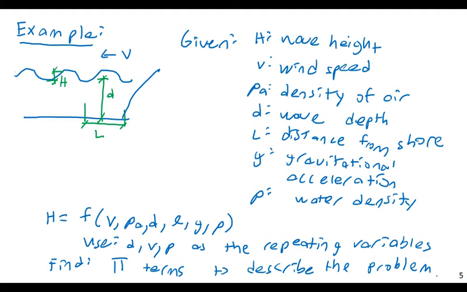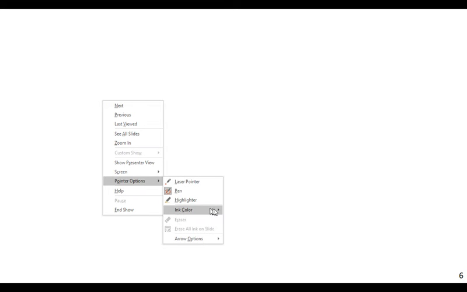It would be much better to use an algebraic method if we can. So this is going to take a bit of time, that's okay. Just another long form example on pi terms. Again, we're going to use d, v, and rho as repeating variables.